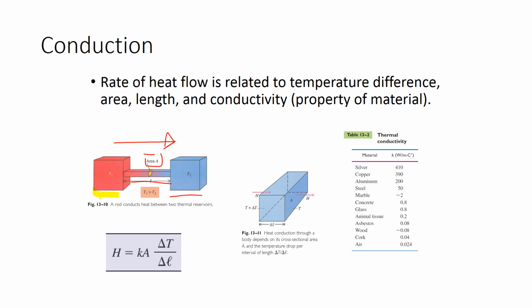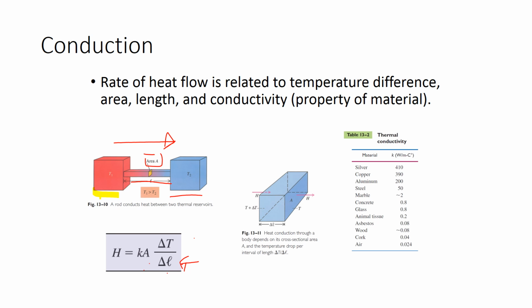And you would expect that an increased area would allow more heat to flow. There would be more parallel paths for the heat flow, whereas increasing the length that it has to go through increases the distance that it has to travel and would tend to decrease the rate of heat flow, and sure enough, it shows up in the denominator of the equation. So the area is multiplicative and the length is reciprocal, it's in the denominator.